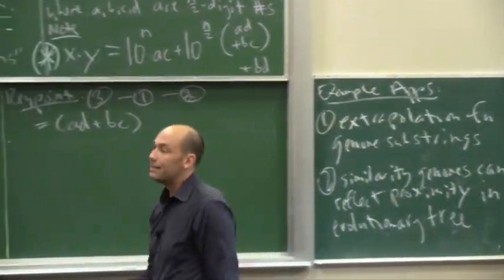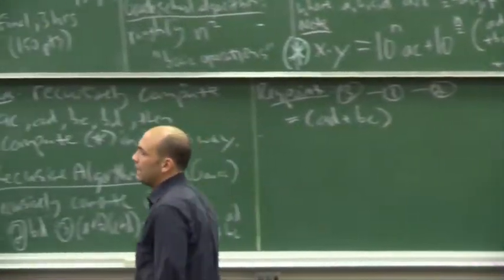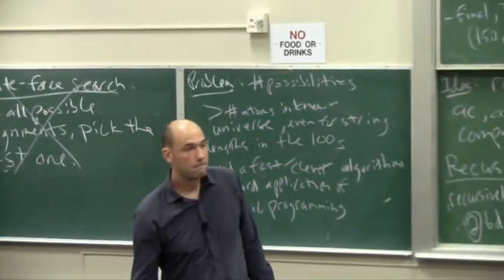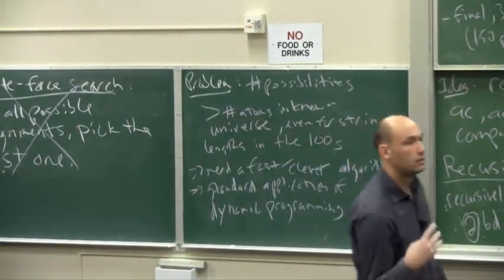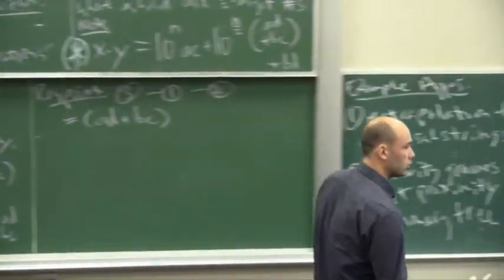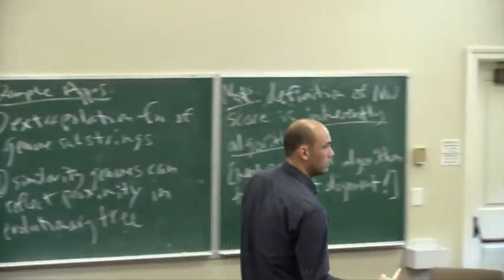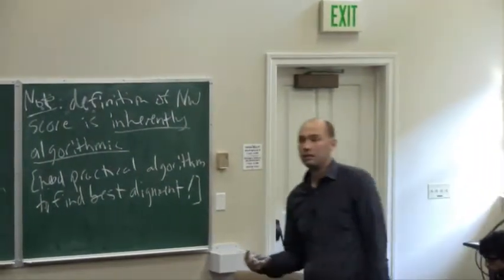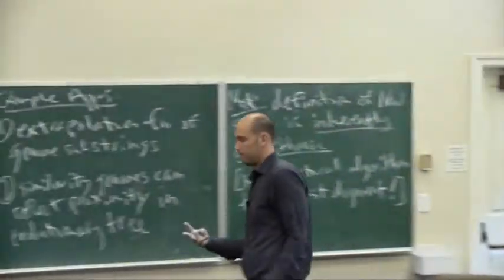We don't care about the individual value of BC. We need only to know the value of their sum in order to evaluate star. So Gauss's trick is to do only 3 recursive multiplications, not 4, to get all of the 3 pieces of information that you really need to evaluate star. Okay?